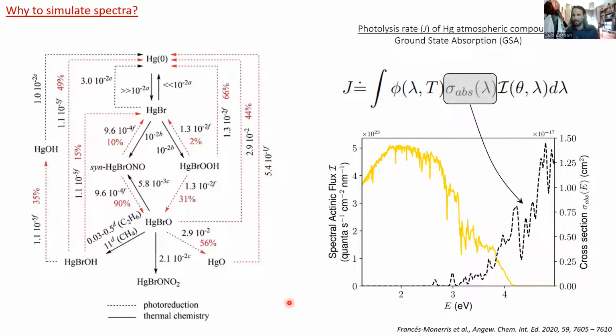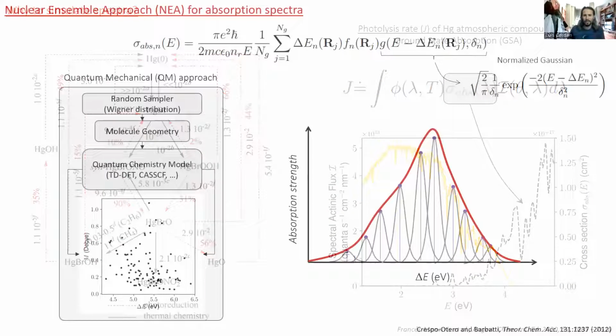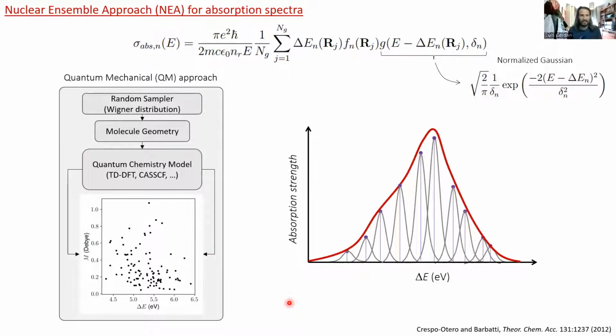So there are different techniques to do this. And one that has attracted a lot of attention along the last decade is the Nuclear Ensemble Approach. In this case, what you have to do is to sample a number of geometries around the optimized structure using a Wigner distribution or other techniques that we will hear about in this meeting. And for each of those geometries, you have to compute the vertical excitation energies and the dipole moment or the oscillator strength at whatever your level of quantum chemistry model. You can use OpenMolcas or whatever you want.